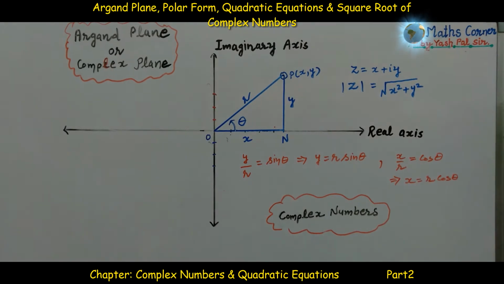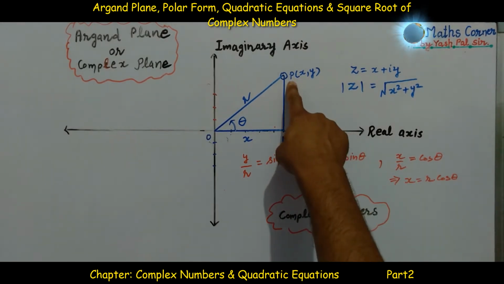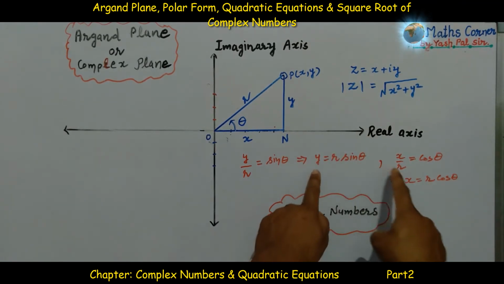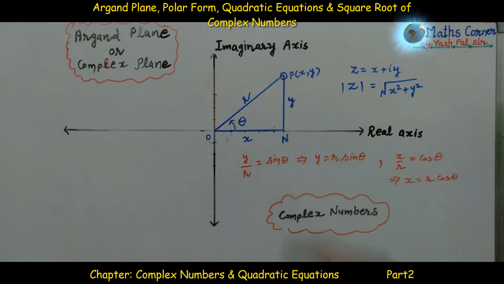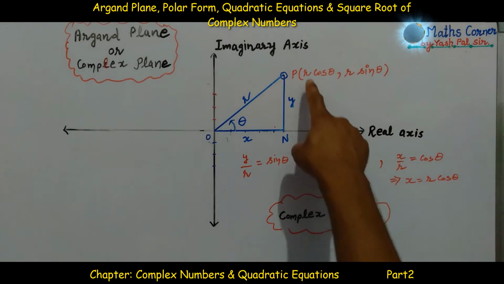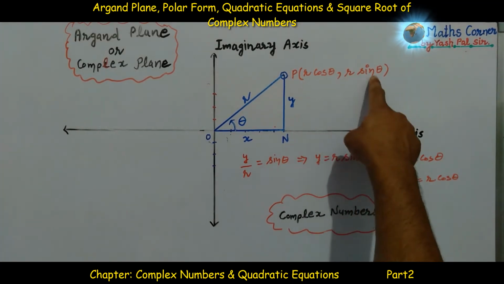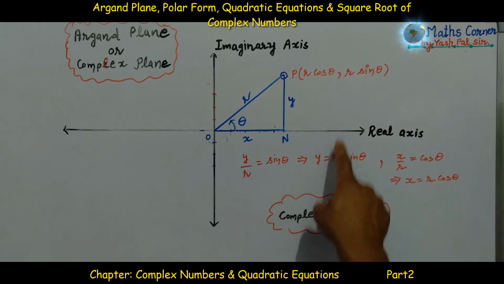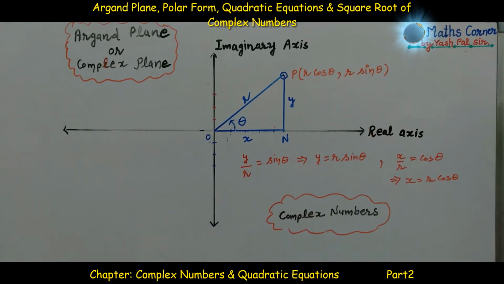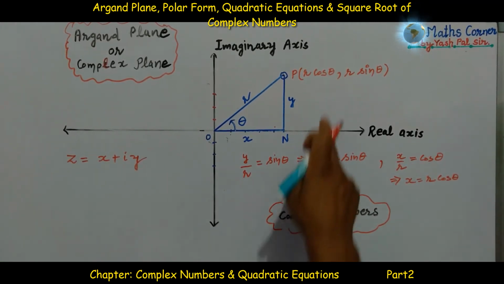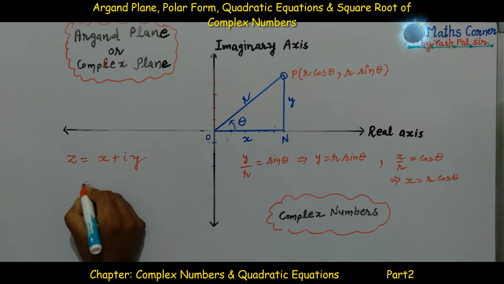Now accordingly the coordinates of point P, which were x comma y, now substituting these values, they become P r cos theta, that is the value of x, comma r sin theta, that is the value of y. Now what is the complex number? Z is equal to x plus iota y. Now we substitute these values here.